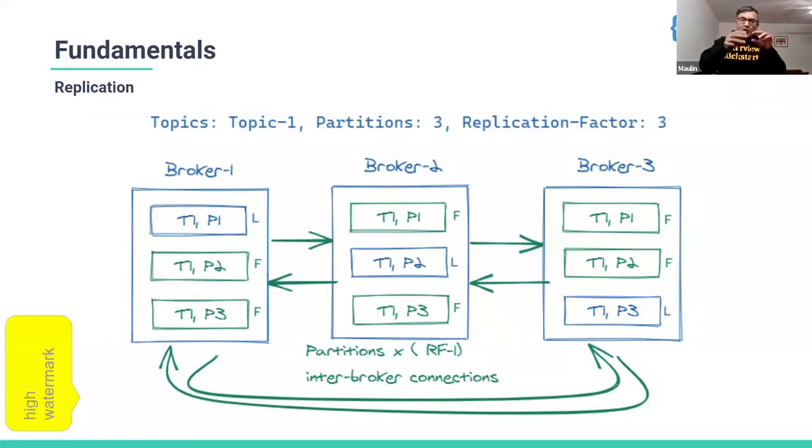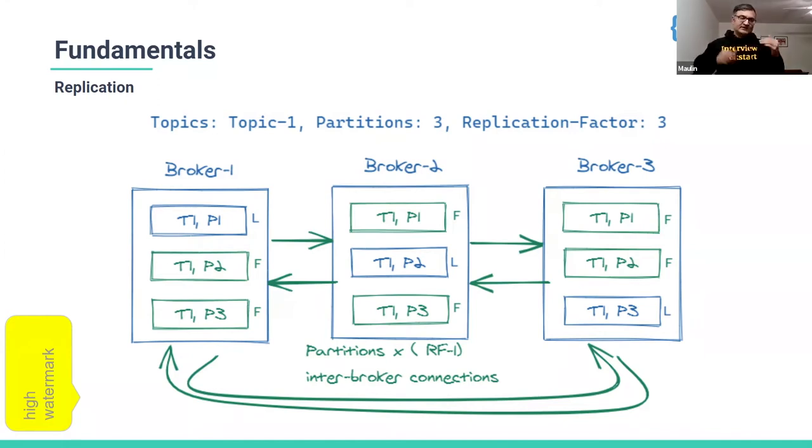Now, these copies that you see here, and the brokers that host them, are considered to be part of in-sync replicas. So the in-sync replicas for partition 1 of topic 1 will have broker 1, broker 2, and broker 3. Why are they called in-sync? Because in the replication, as the leader partition is getting the data from the producer, the follower partitions on broker 2 and broker 3 keep fetching the data to replicate the message.